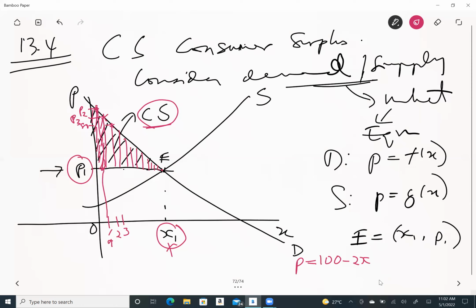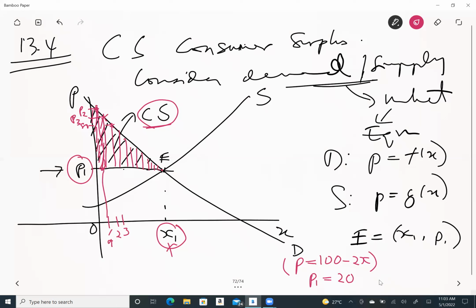Now, I'm not saying this is the equilibrium. Suppose the market price P equal to 20. So you have the demand function in this example. I just want to get the computation. And let's say P1 is equal to 20.